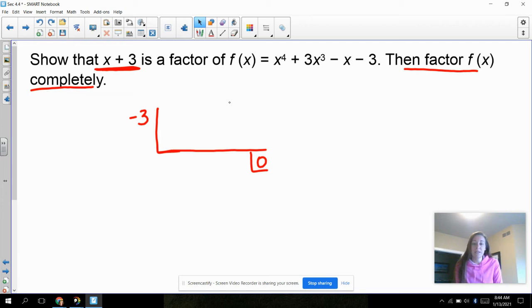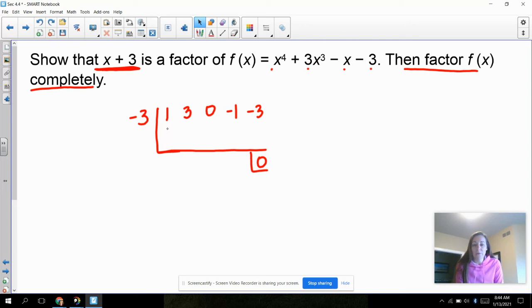And then inside here, I'm going to put all the coefficients. I have x to the 4th power, x cubed. I'm missing an x squared term, so I am going to need a 0 there. Then x, then number. So 1, then 3, then 0, then -1, then -3. Don't forget those zeros if you're missing a term.